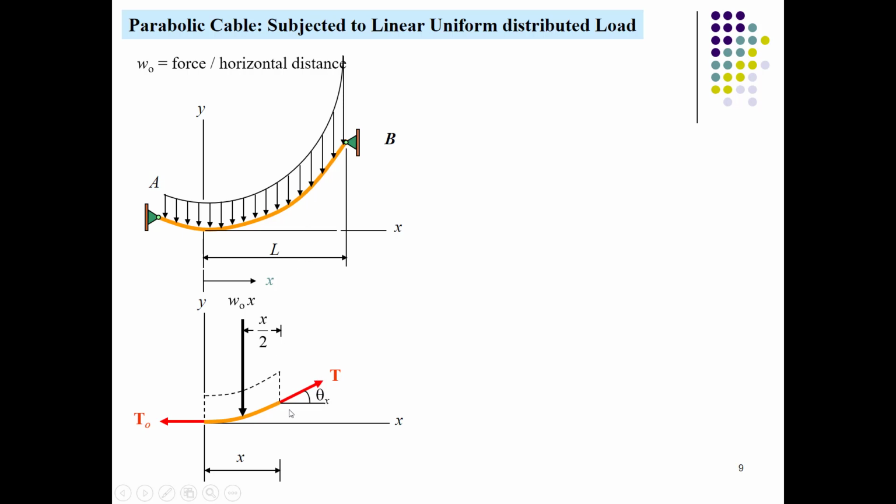So if we draw the triangle to solve the tension within the string, what we will make is T naught, which is the base, W naught x, which is the perpendicular, and T, which is the hypotenuse. In this way we can take the tangent to resolve its components, where W naught x is perpendicular and T naught is its base.